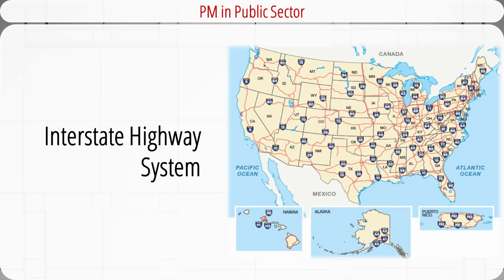Another public sector project is the construction of the interstate highway system that was funded by the federal government of the United States. In fact, all of mankind's greatest accomplishments, from building the Great Pyramids to developing a vaccine for measles to putting a man on the moon, began as a project and involved project management.